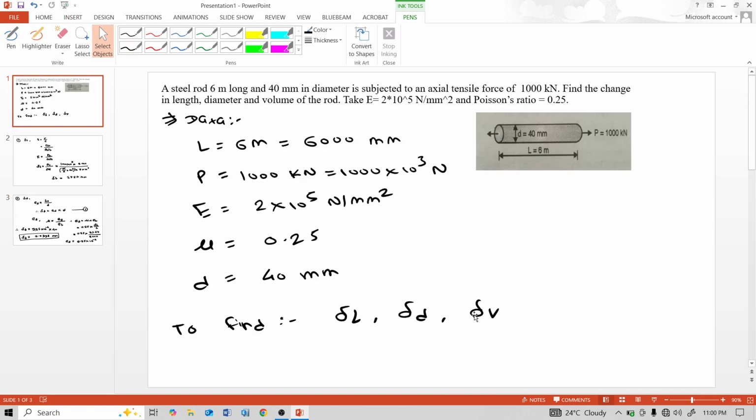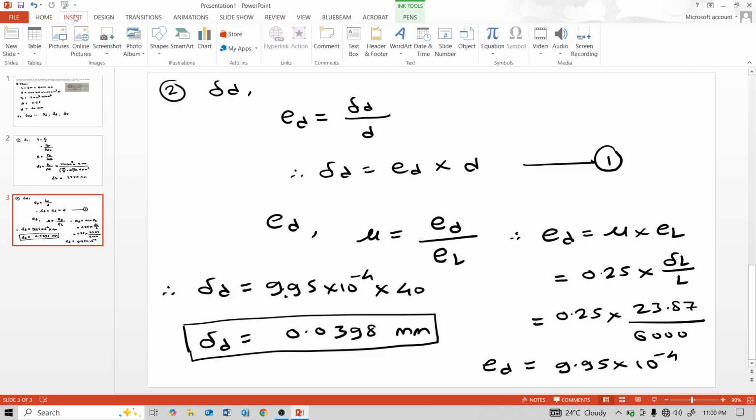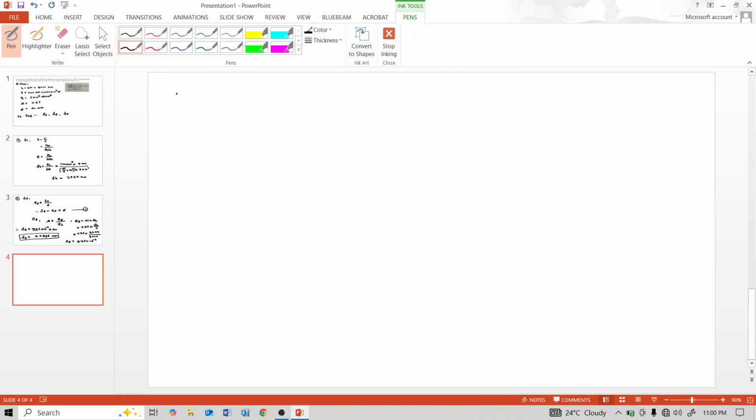Next, calculate change in volume. Formula for calculation of change in volume is strain in longitudinal direction into 1 minus 2 into Poisson's ratio multiplied by volume.